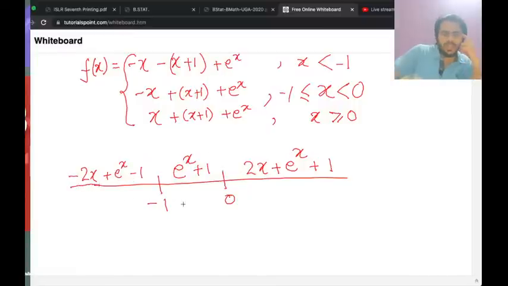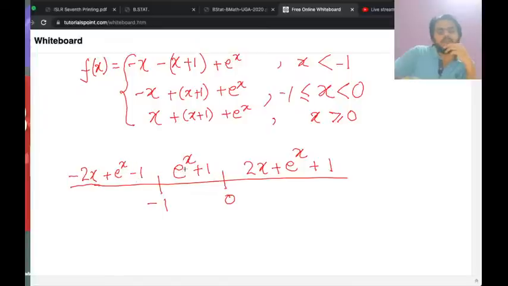Let's first look at the continuity. If we put x equal to 0 in the first part, this will be 0 plus e^0 which is 1, so 1 plus 1 is 2, and the same goes for the other side, 2. So it's continuous at 0. Now put x equal to 0 here and here: you will have 0 plus 1 minus 1, which is 0.